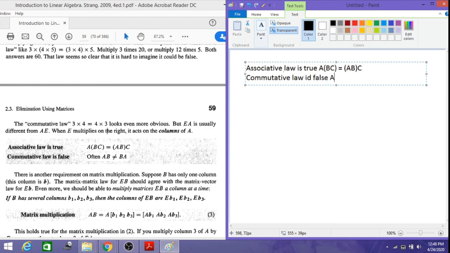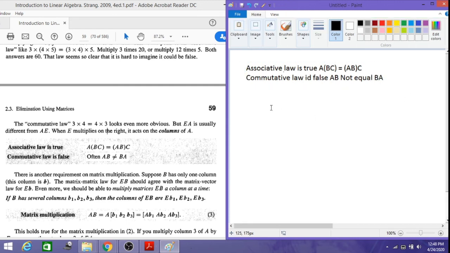It means A into B is not equal to B into A.